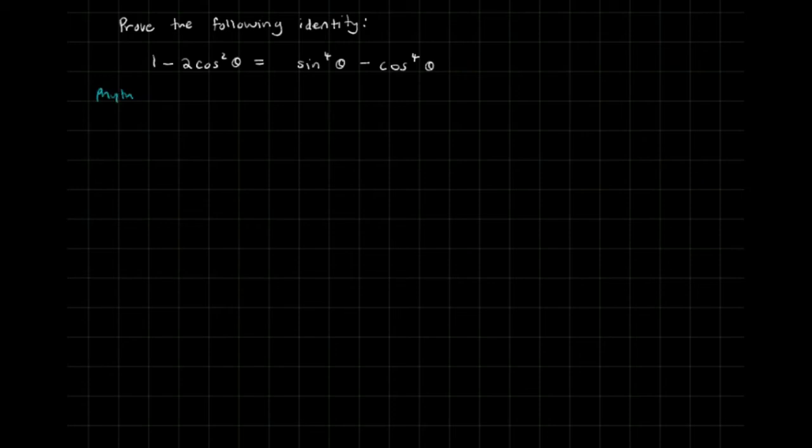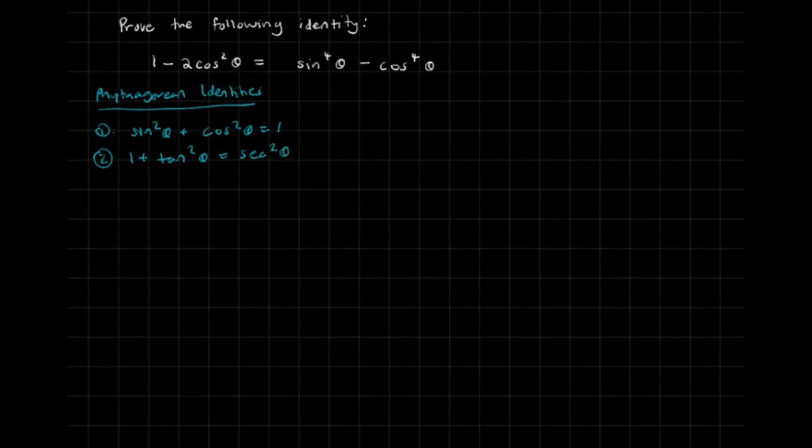Our Pythagorean identities are sine squared theta plus cos squared theta is equal to 1; 1 plus tan squared theta is equal to secant squared theta; and 1 plus cotangent squared theta is equal to cosecant squared theta.